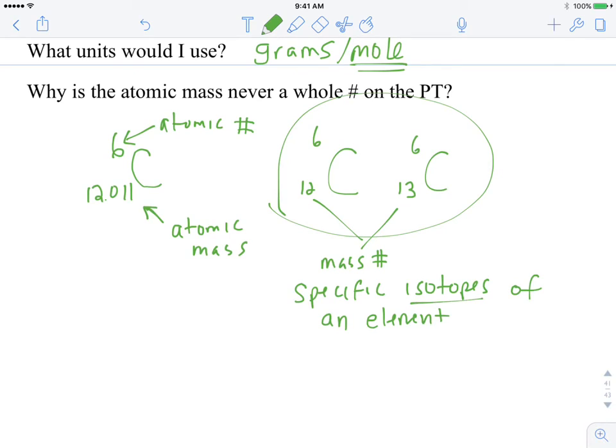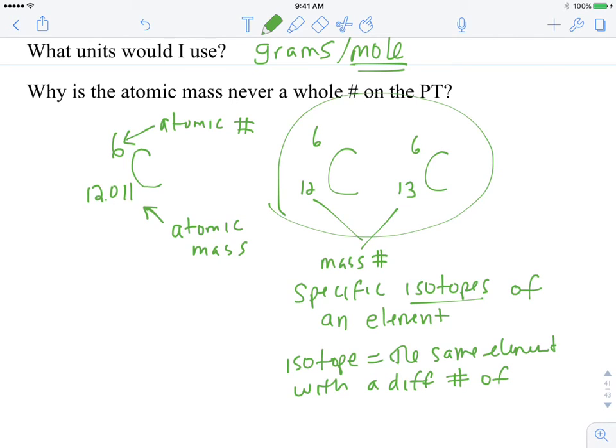An isotope is the same element with a different number of neutrons. This will lead to different masses.